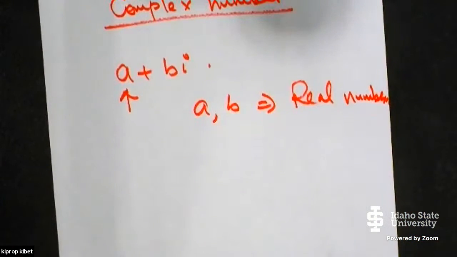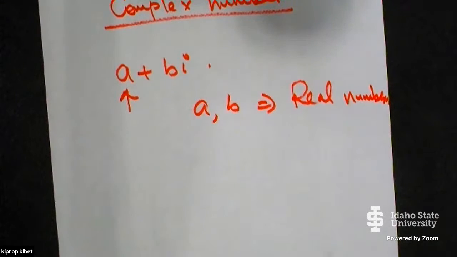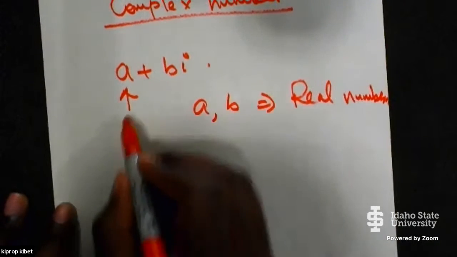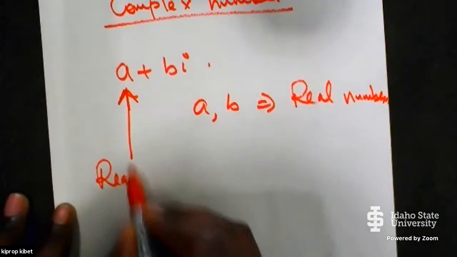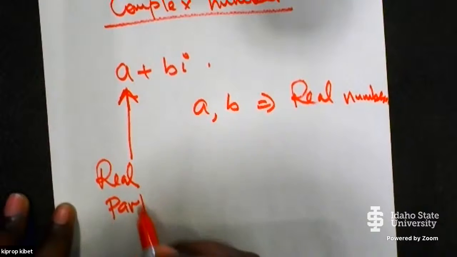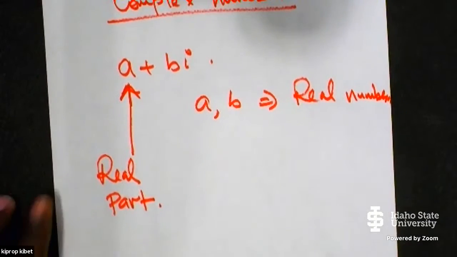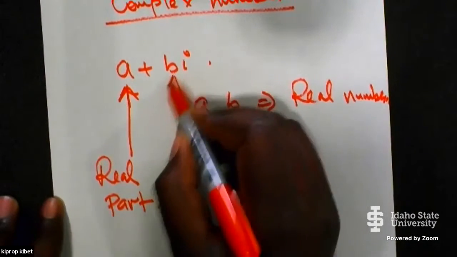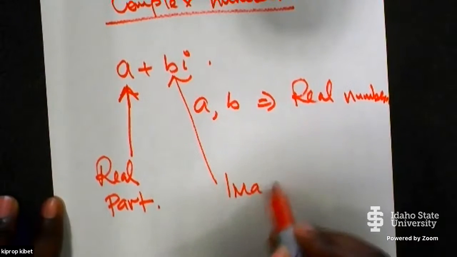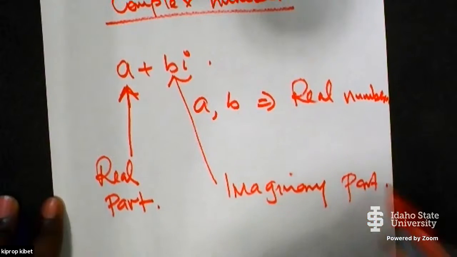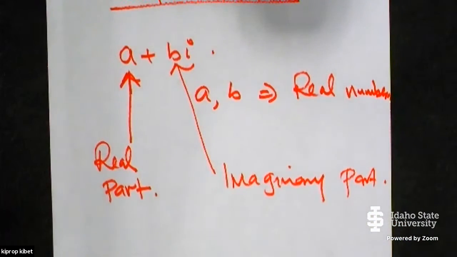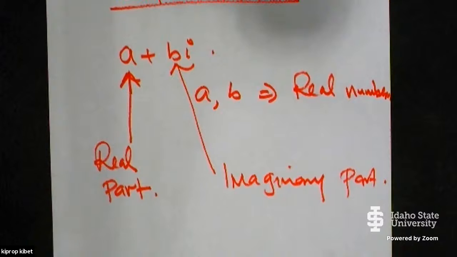The a is the real part, and the b is the imaginary part.